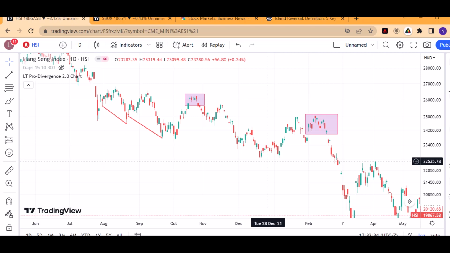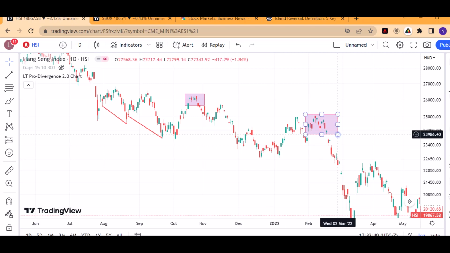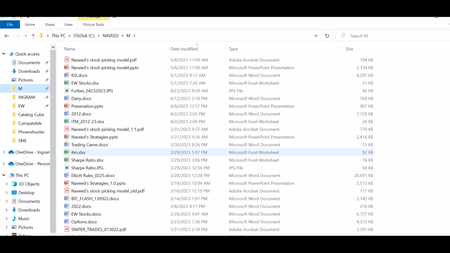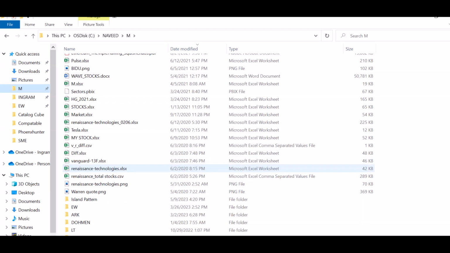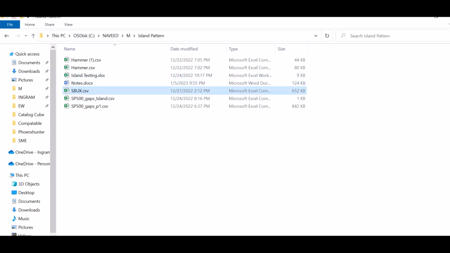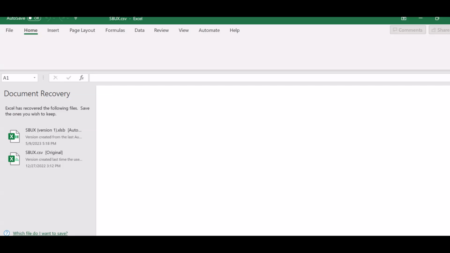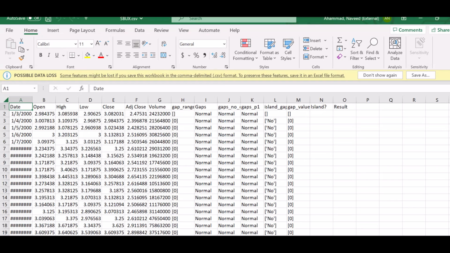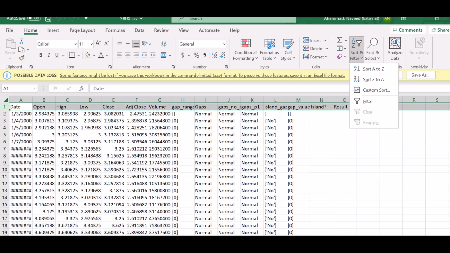But how can you identify these kinds of patterns programmatically? That is what we'll discuss here. Take SBUX, Starbucks, for example.